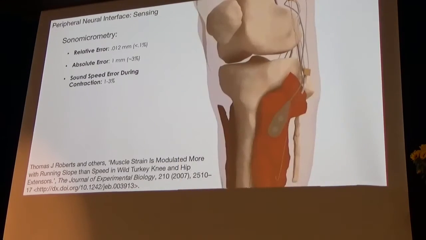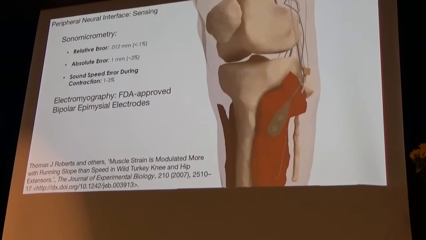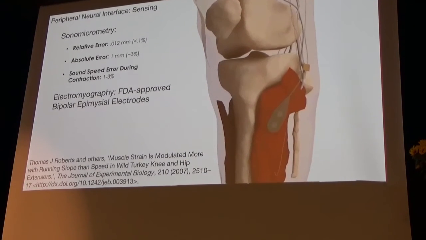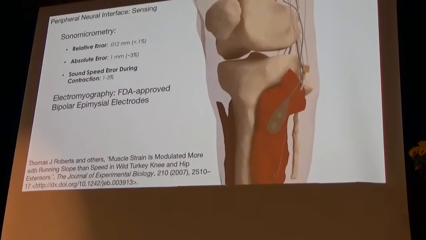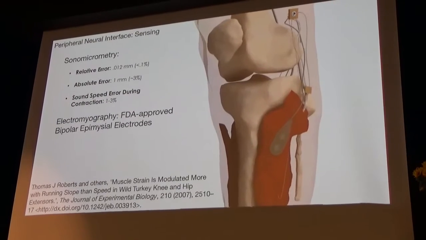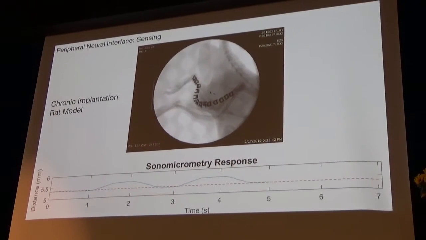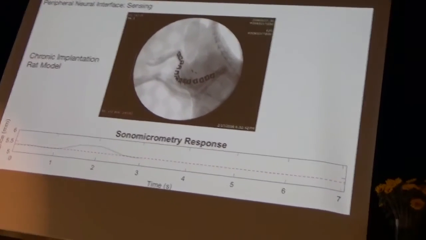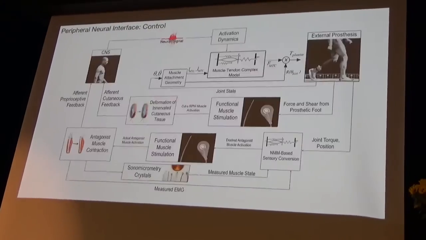So we're getting that to measure state, and then using a standard electrode to measure electromyography. With a muscle model, with inputs of muscle length, speed, and electromyography, one can derive a force. This just shows crystal data from an animal experiment. So again, we're closing the loop between the optical signal and these sensors in the muscle.